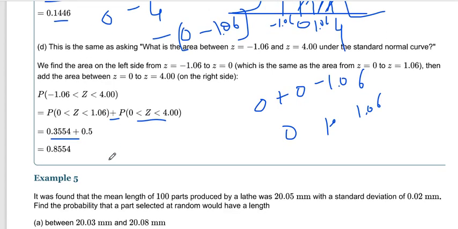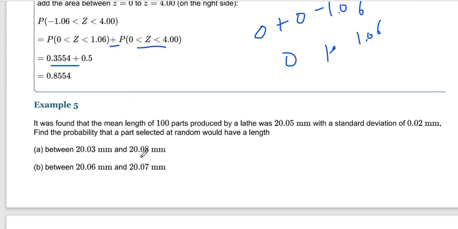Now next example, a somewhat complicated example. The mean length of 100 parts produced by a lathe was found. The mean is given as 20.05 mm and the standard deviation is 0.02 mm.